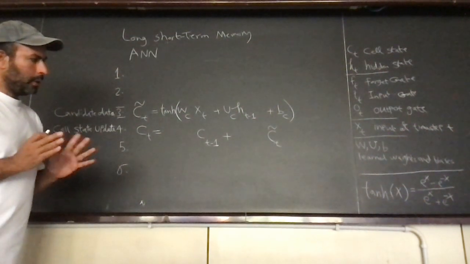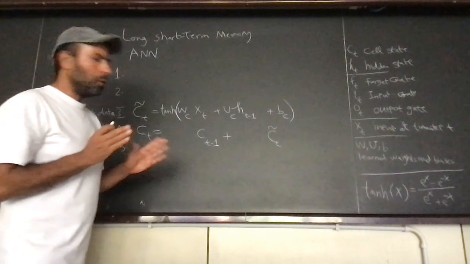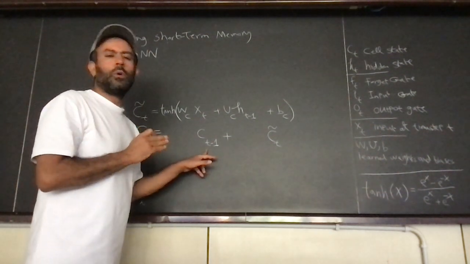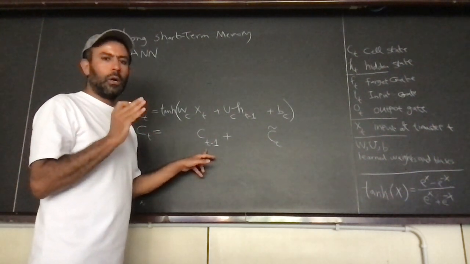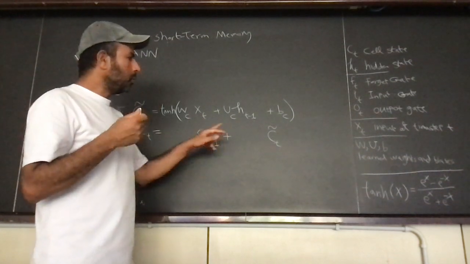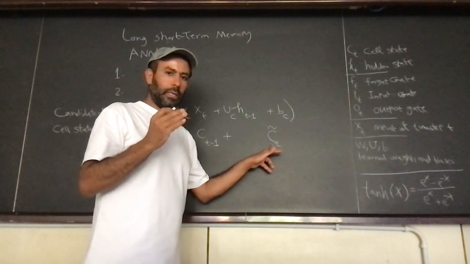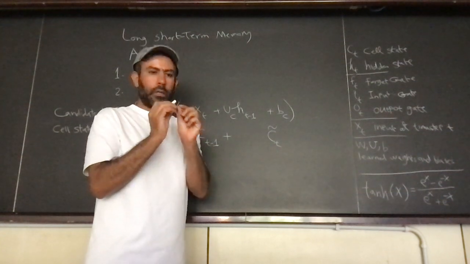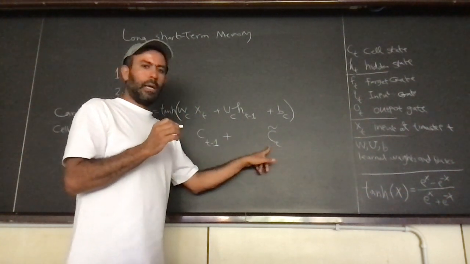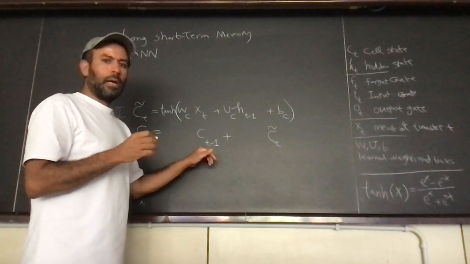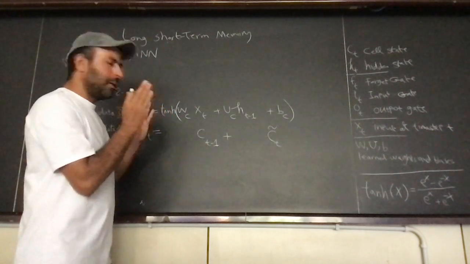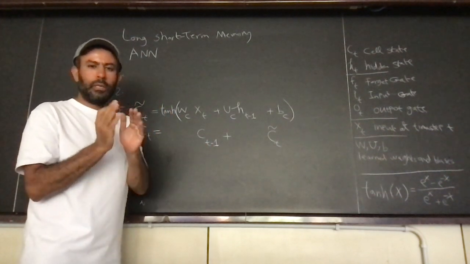But here we don't want to take all this information. We don't need all the memory, the long memory. And also we don't need all the new data. We need the part of this new data as well as the old data that makes the prediction the best.